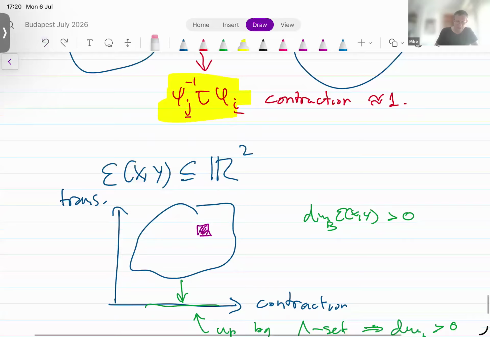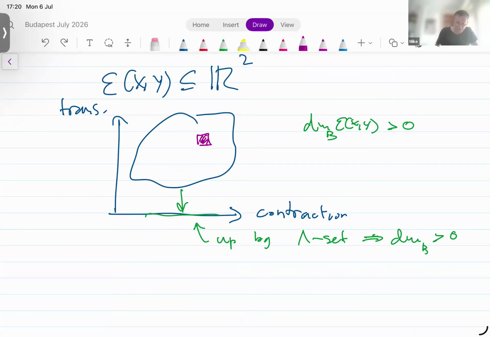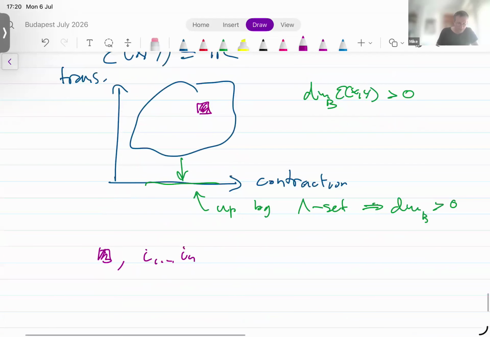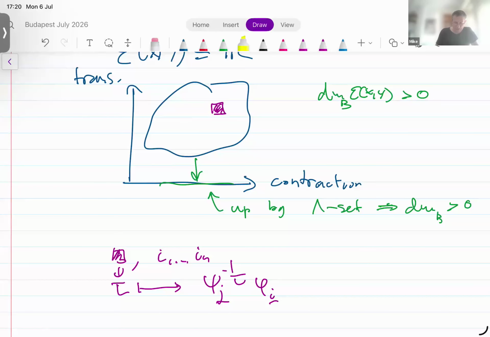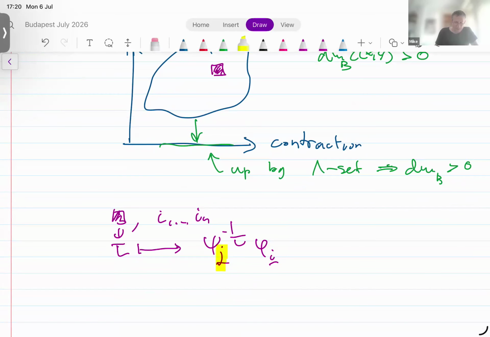You take your little cube, you chose I1 up to IN, and then for every tau in this cube, you get this psi j inverse tau phi I. The thing to note here is that the j's don't really depend very much on which tau you chose, because if the taus are constrained to a small cube, then they differ by a very small amount.